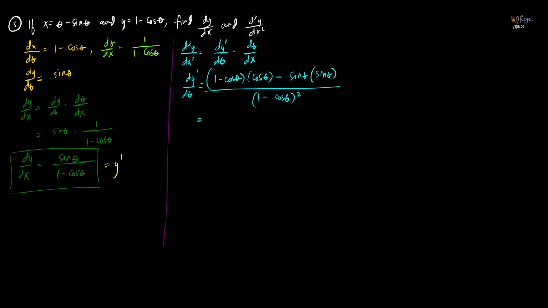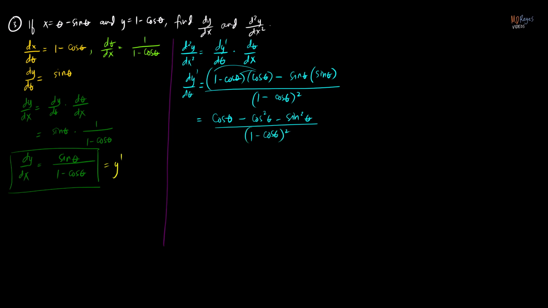Removing the grouping symbols in the numerator, by distribution we get cosine theta minus cosine squared theta minus sine squared theta, all over 1 minus cosine theta, quantity squared.